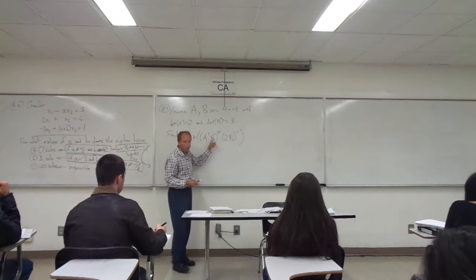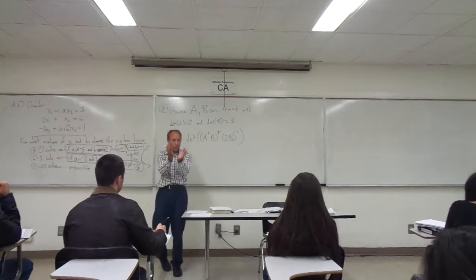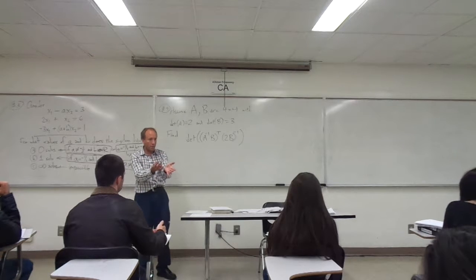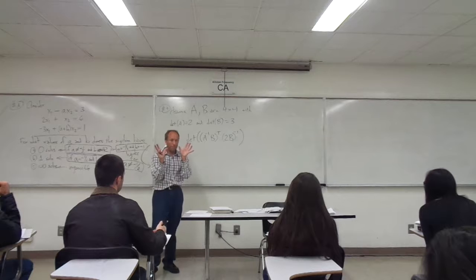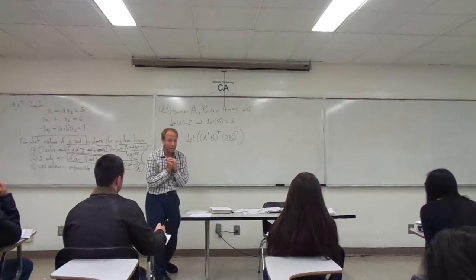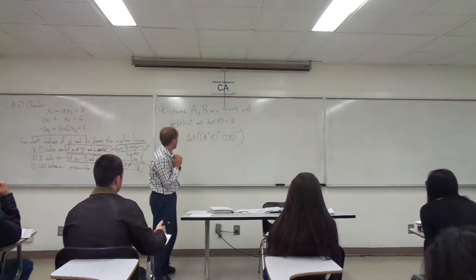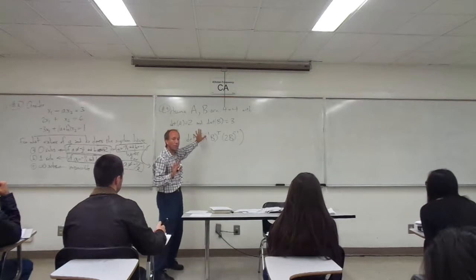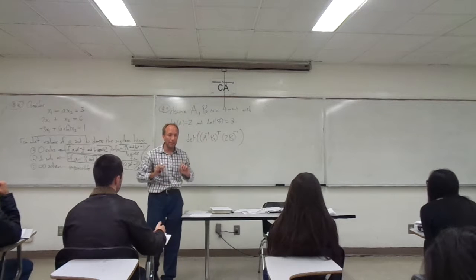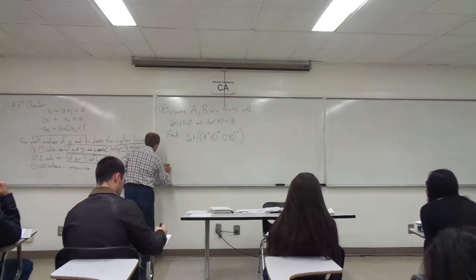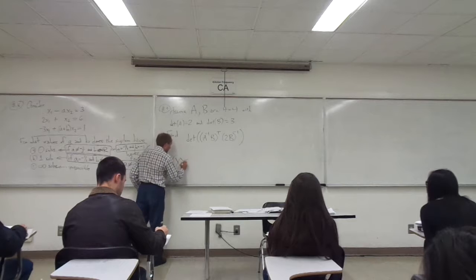What about multiplication? You multiply two matrices together and take the determinant. How do you find the determinant of the product? I'm not asking in this particular case. Suppose I have two matrices. I don't want to get confused with the example.